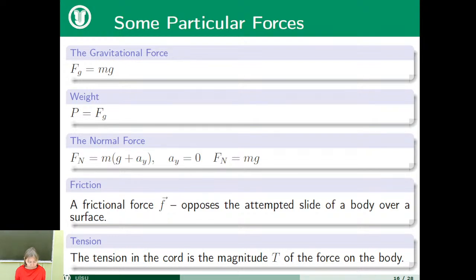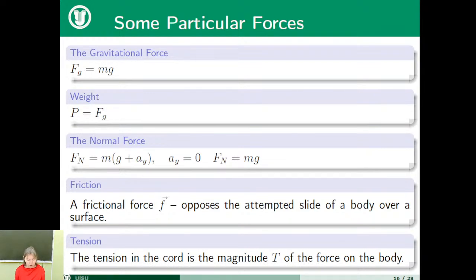Now, let us generalize the situation. Consider a body that has an acceleration of 0 relative to the ground, which we again assume to be an inertial frame.